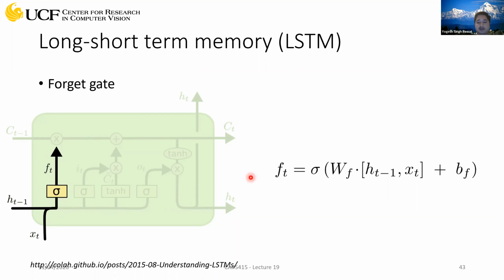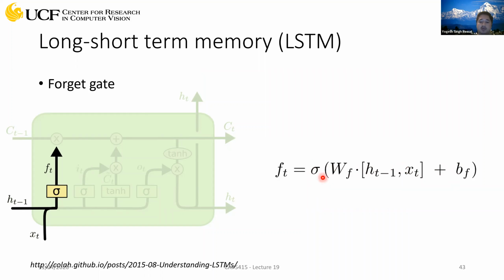The way we do that is you take your hidden state information and current input information and just concatenate those two. And you have these weights, so this is a fully connected layer. You perform this transformation, and these are just biases. Based on this transformation, you will learn what to forget and what to keep. So you apply a sigmoid activation on this piece of information.